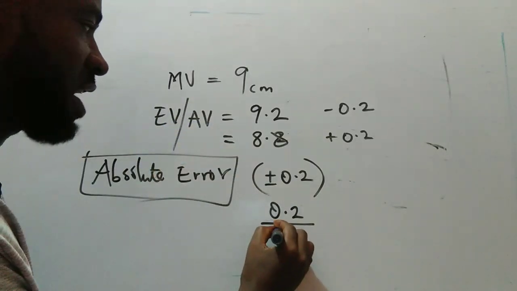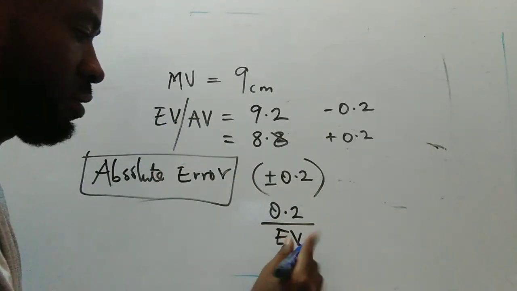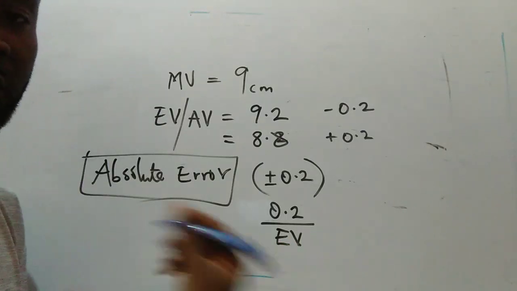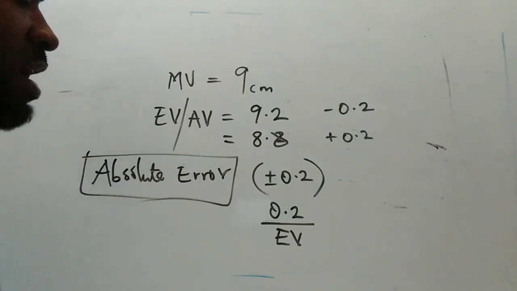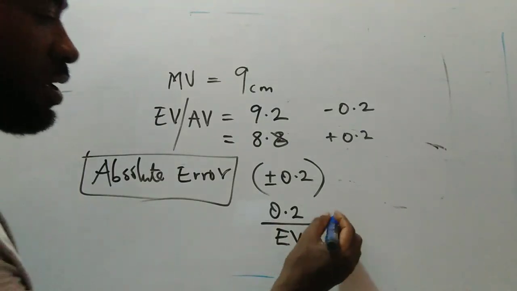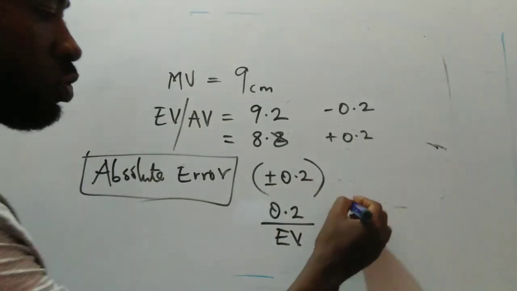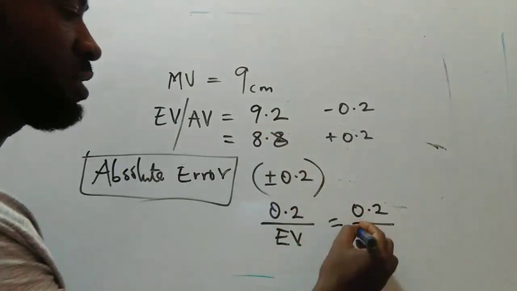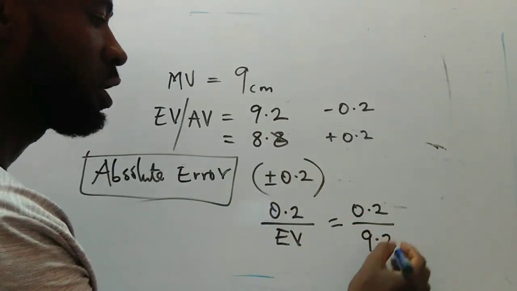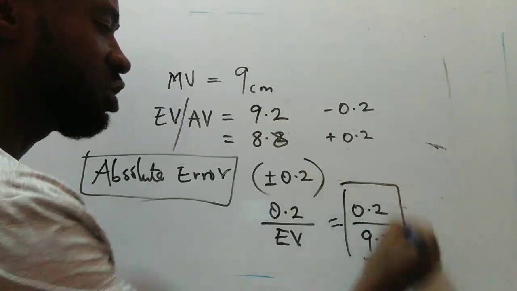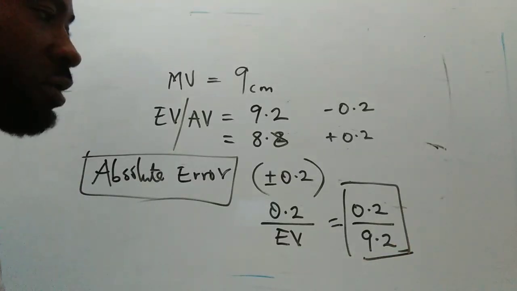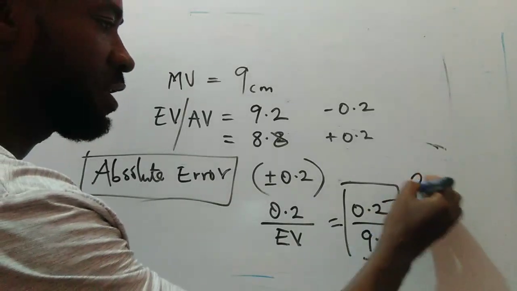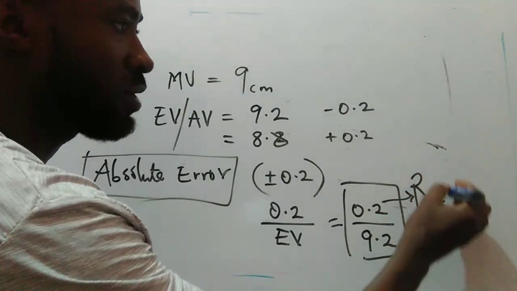my exact value, EV or AV, okay? If I put it in form of my EV in the ratio, so remember our exact value, if I take my exact value to be 9.2, then in this ratio form, this is what we call the relative error. This is what we call what?